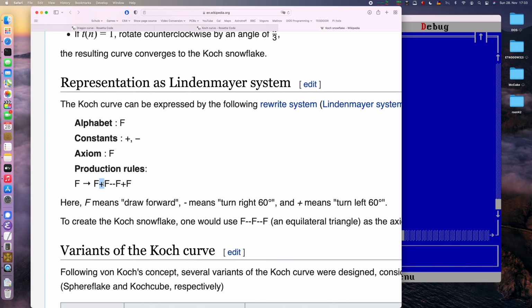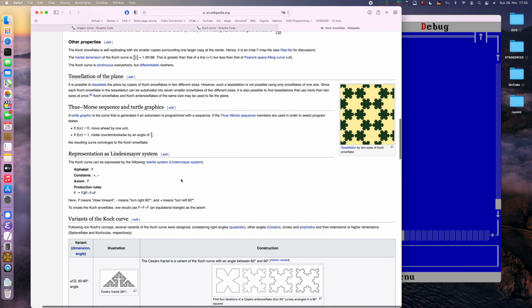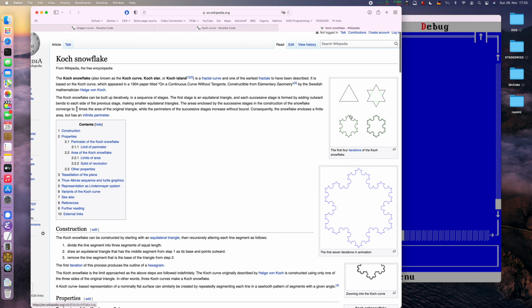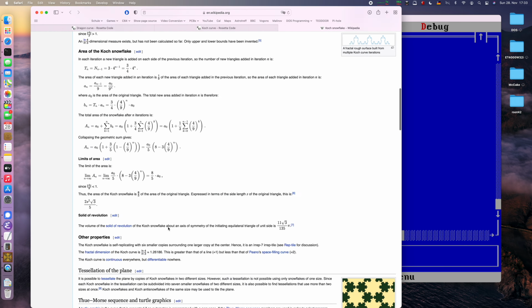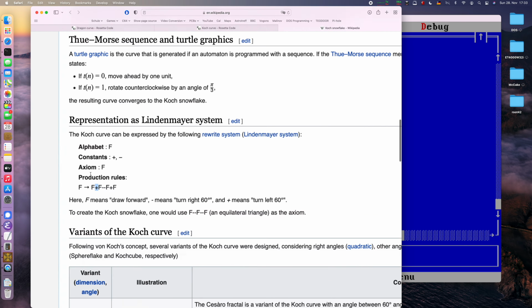The plus means turn left by 60 degrees, which are the angles that can be seen here in the corners of the snowflake. Let's scroll down again.